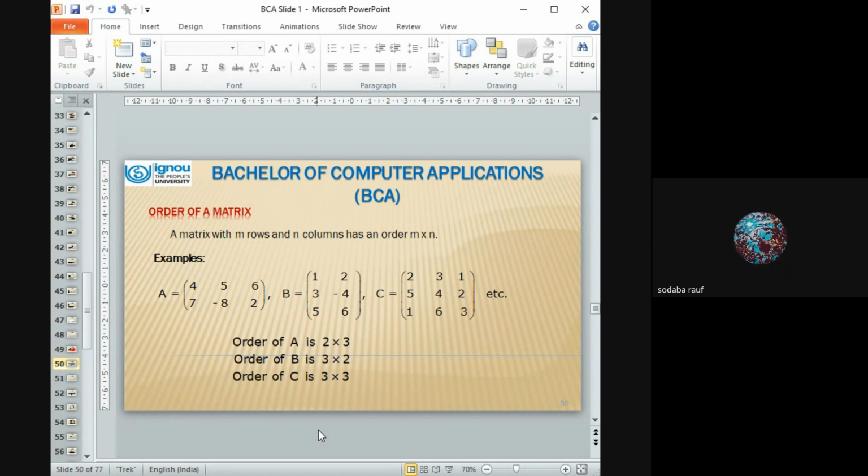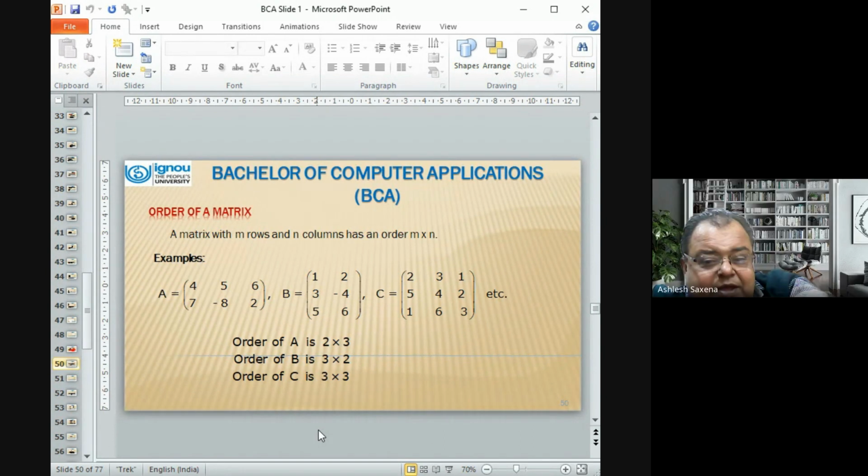The third one, 3 cross 2, because matrix B has 3 rows and 2 columns, and matrix C is 3 cross 3 because it has 3 columns and 3 rows. Thank you. Correct.